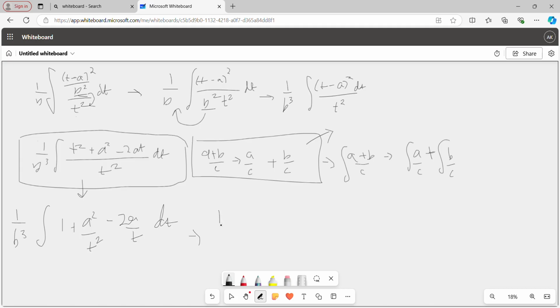We get 1 by b cube times the whole thing: integral of 1, plus a square integral of 1 by t square, I'm doing this because a is a constant here and hence it will come outside the integrand, minus 2a integral of 1 over t. This whole is with respect to t.